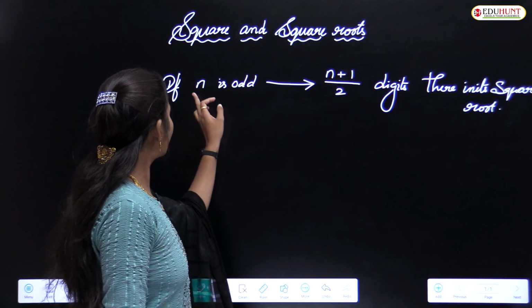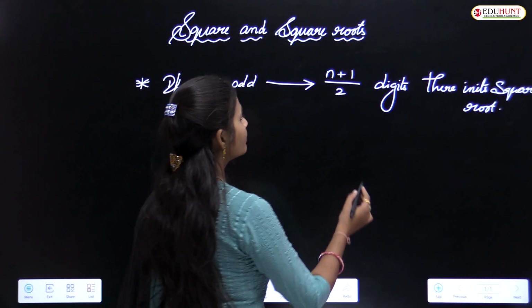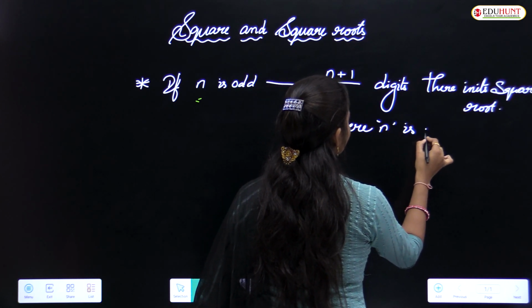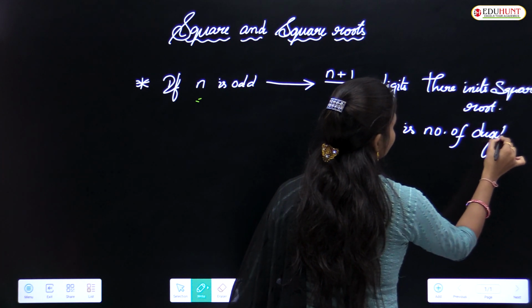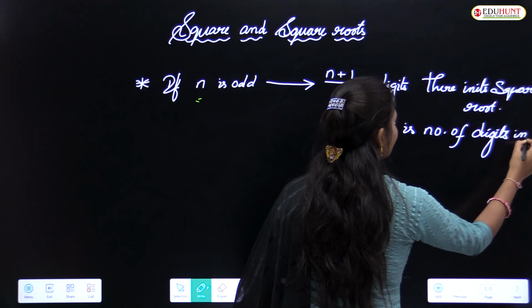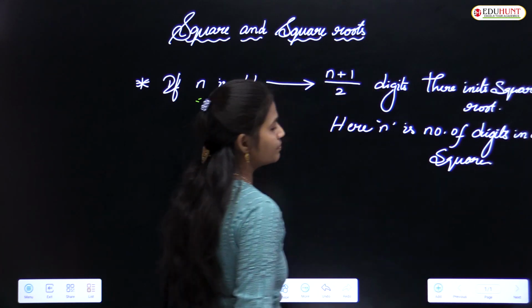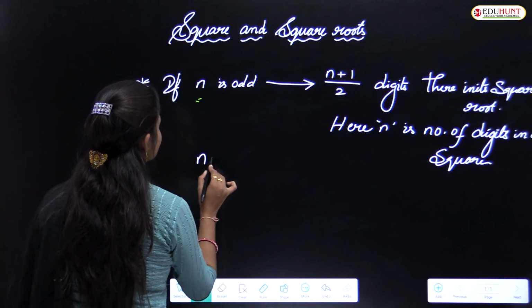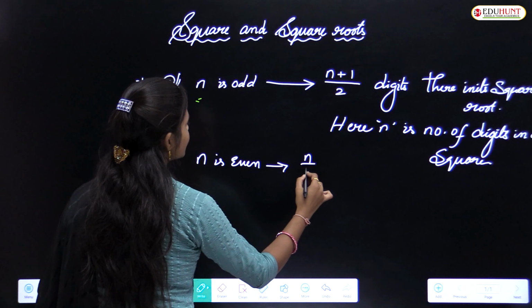Here n is the number of digits in the square of a given number. What about when n is even? The condition is n by 2.